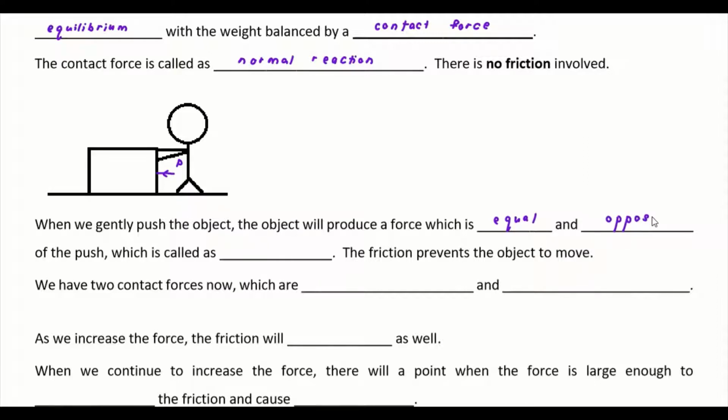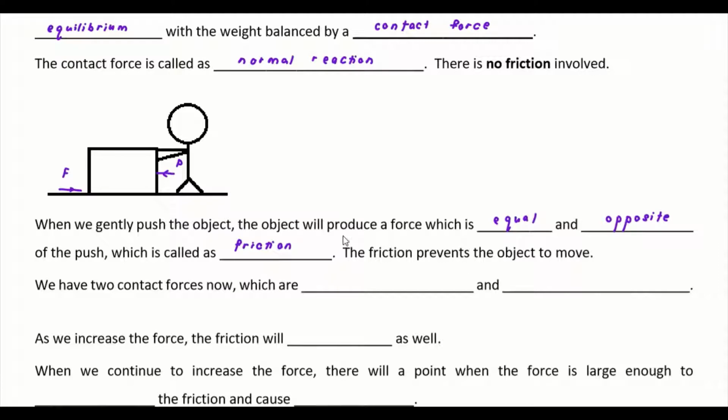Okay, so for this idea, we can look at it as the contact between the object and the surface that's trying to produce the friction. Which means the friction actually happens here. Am I right? So this is the friction that opposes the direction of this object. So this is called the friction. The friction is trying to prevent the object from moving, right?